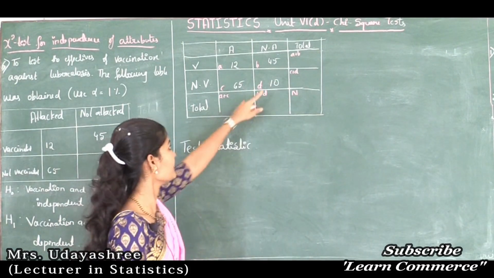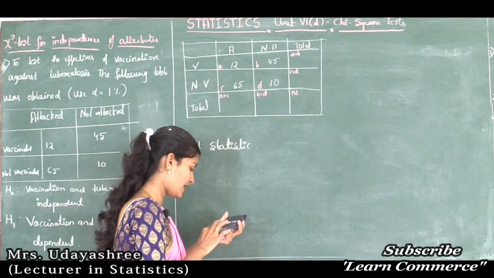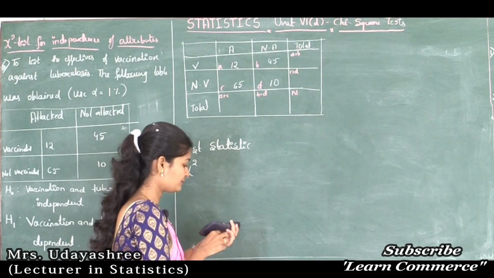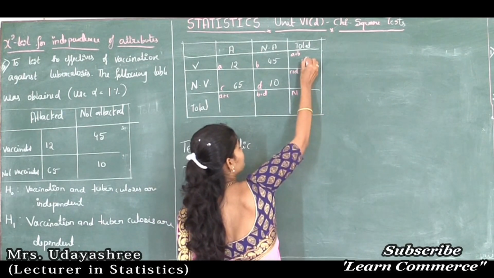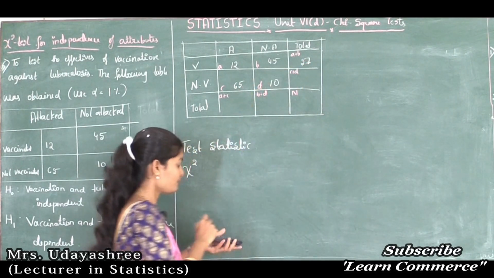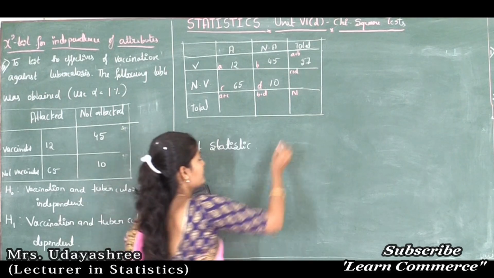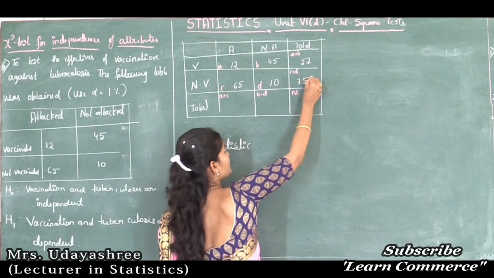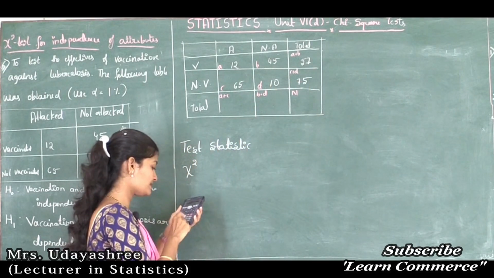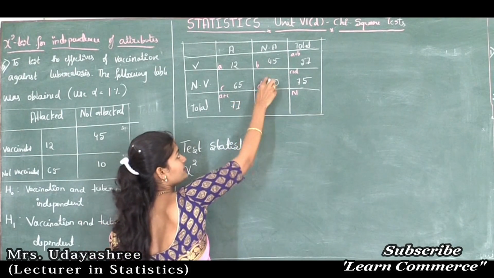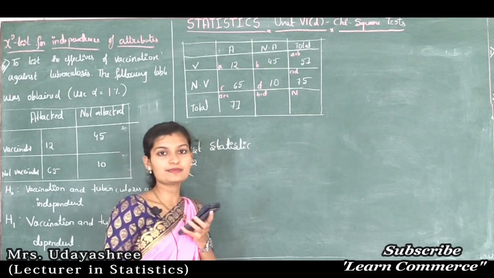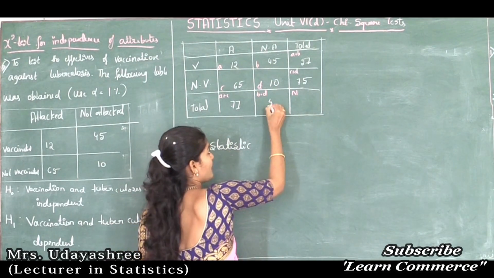First we find A plus B, that is 12 plus 45, which is 57. Next 65 plus 10, that is 75. Next 12 plus 65, that is 77. Next B plus D, that is 45 plus 10, that is 55.